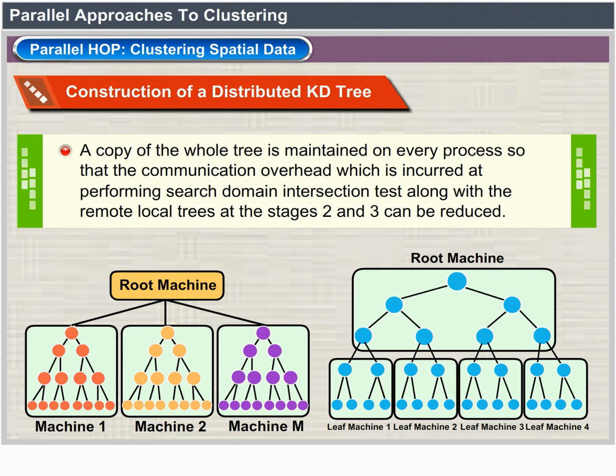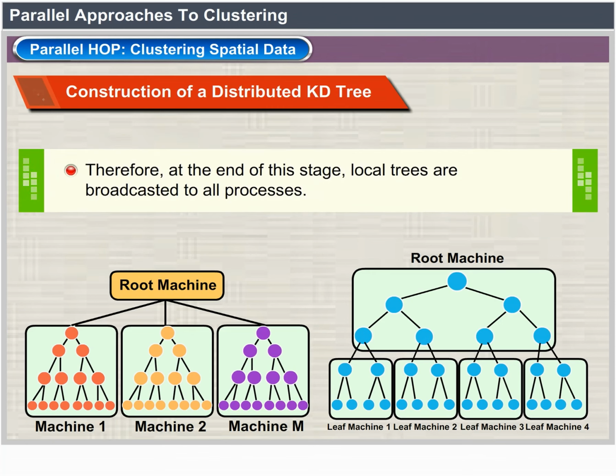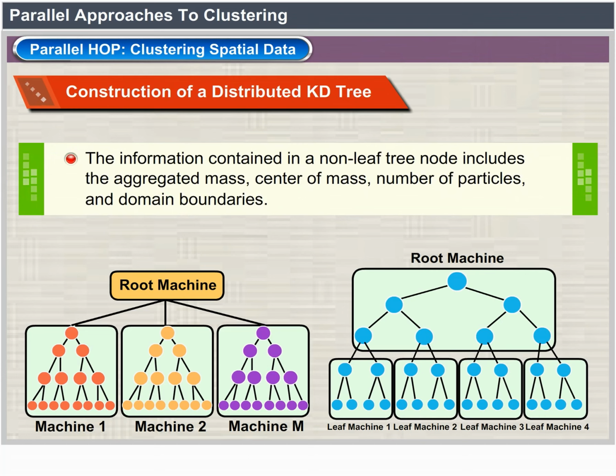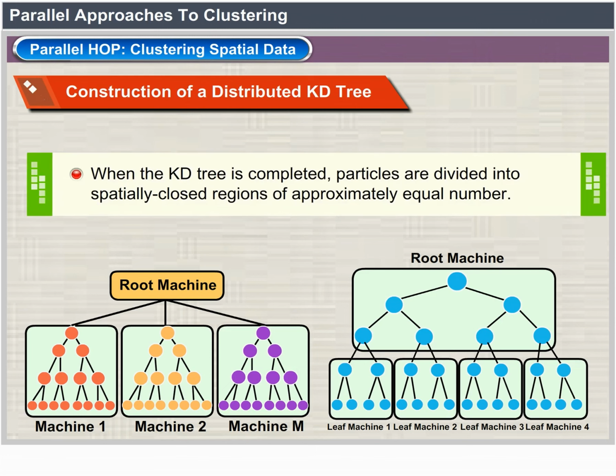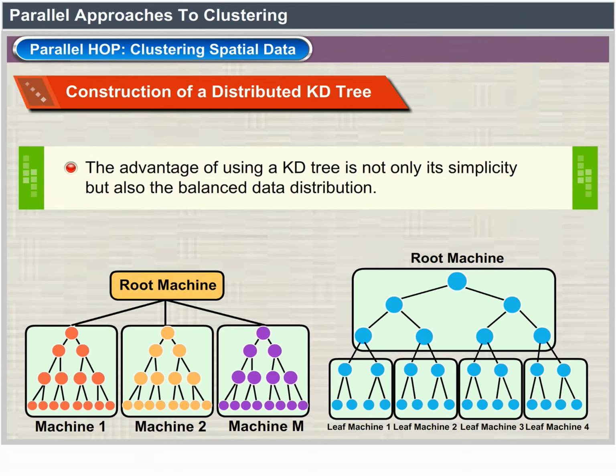Therefore, at the end of this stage, local trees are broadcasted to all processes. The information contained in a non-leaf tree node includes the aggregated mass, center of mass, number of particles, and domain boundaries. When the KD tree is completed, particles are divided into spatially close regions of approximately equal number. The advantage of using a KD tree is not only its simplicity, but also the balanced data distribution.